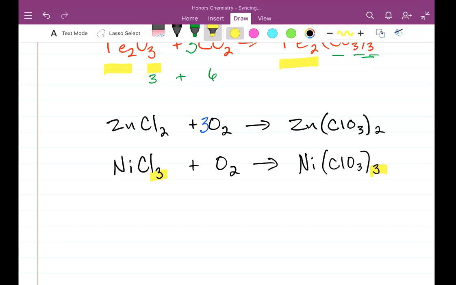Chlorine is already balanced, but oxygen I have 9 on the right and of course 2 on the left. So I would initially at least go ahead and go 4.5 to give me 9 on the left, but then I have to multiply everything by 2. So I'm going to go with 2, 9, and 2, which of course cannot be reduced.